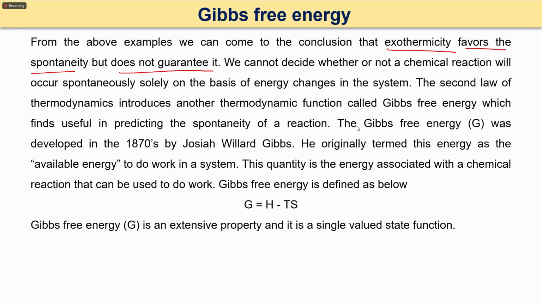So we cannot say that if a reaction is exothermic, it will be spontaneous. We cannot decide whether or not a chemical reaction will occur spontaneously solely on the basis of the energy changes in the system.